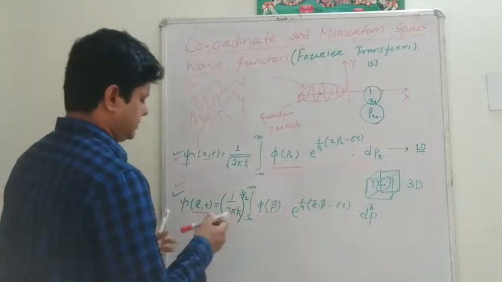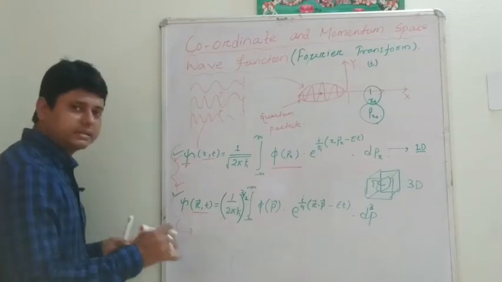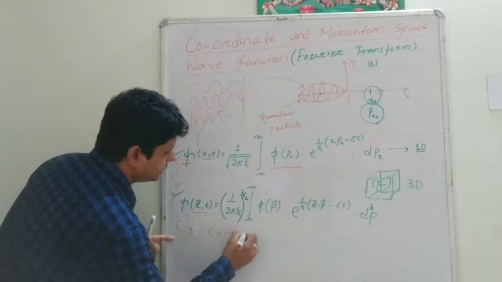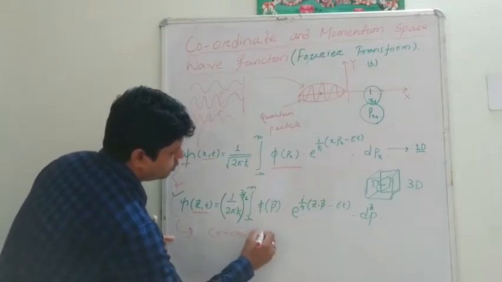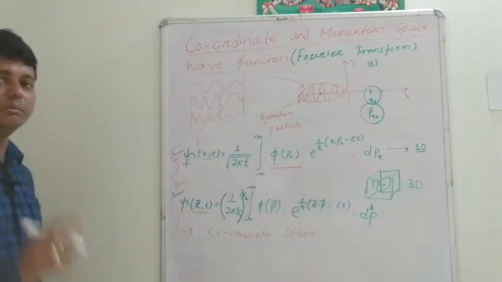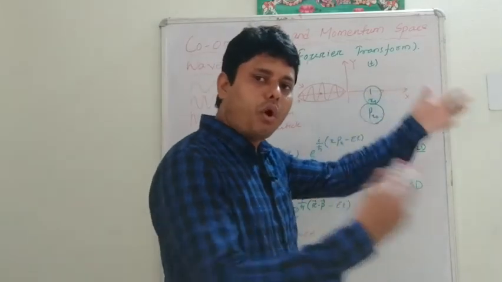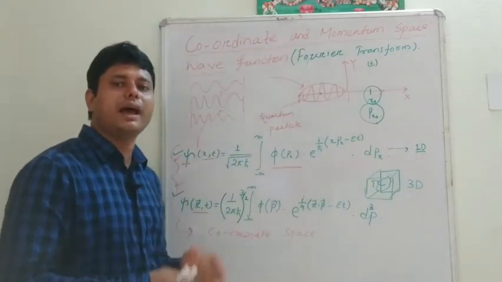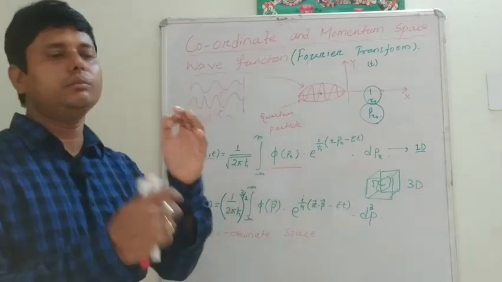So these two wave functions represent the dynamics of the particle in coordinate space. But if the particle is moving along the x-axis or moving along 3D, at a particular time it has both position and corresponding momentum.